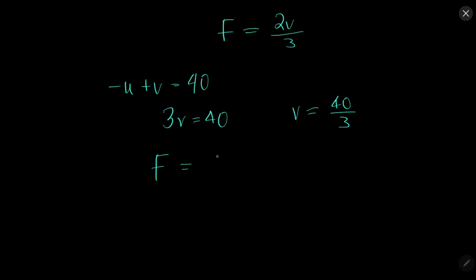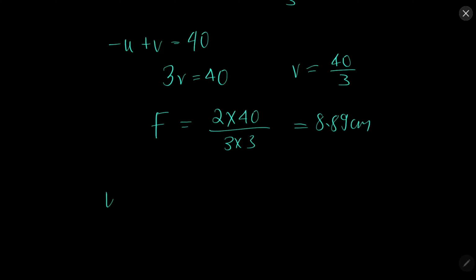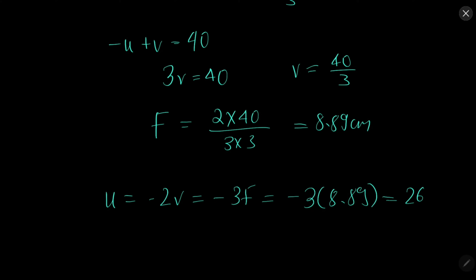So F will be 2 into 40 by 3 into 3, 8.89 centimeter will be the focal length. Now U will come out to be minus 2V equal to minus 3F equal to minus 3 into 8.89, that is 26.7 centimeter.